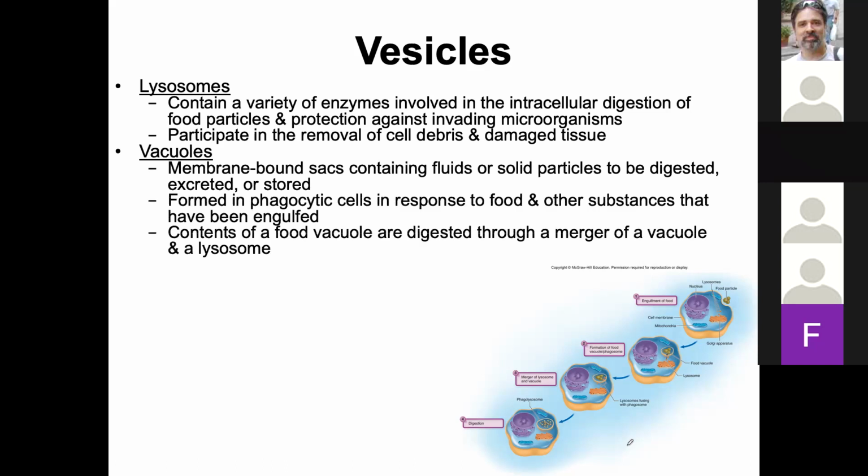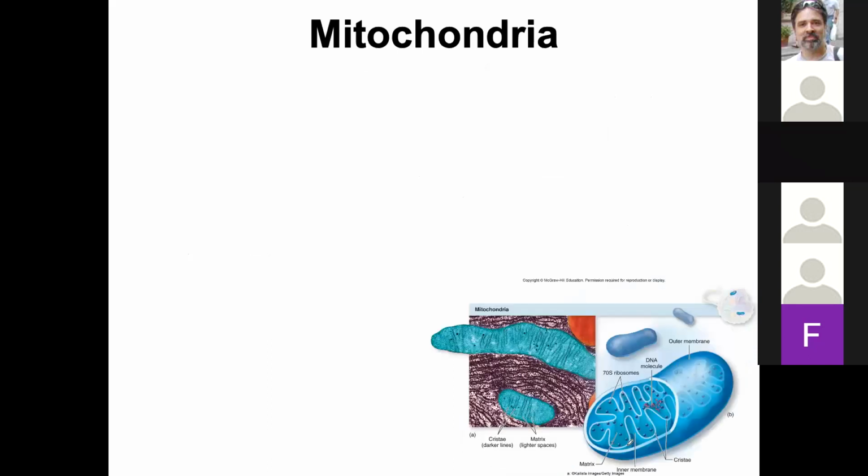Vacuoles are membrane-bound sacs with fluid or solid particles that are going to be either digested, excreted, or stored. And they're made in phagocytic cells in response to food and other substances that have been engulfed, have been taken in. Contents of a food vacuole are digested through the merger of the vacuole with the lysosome.